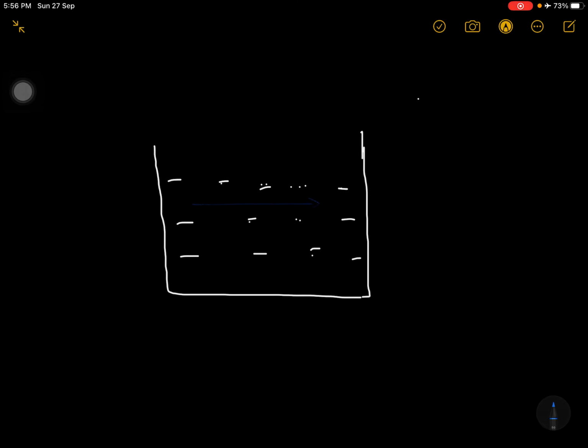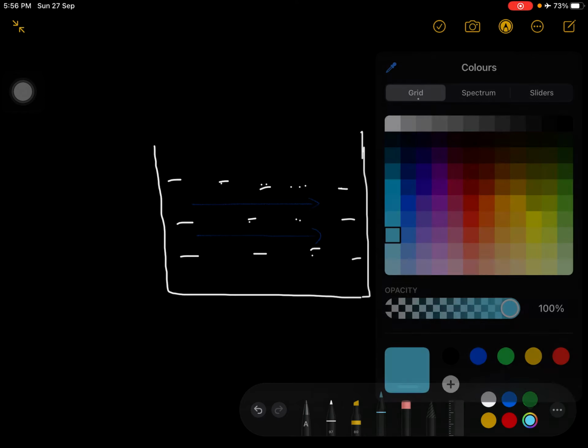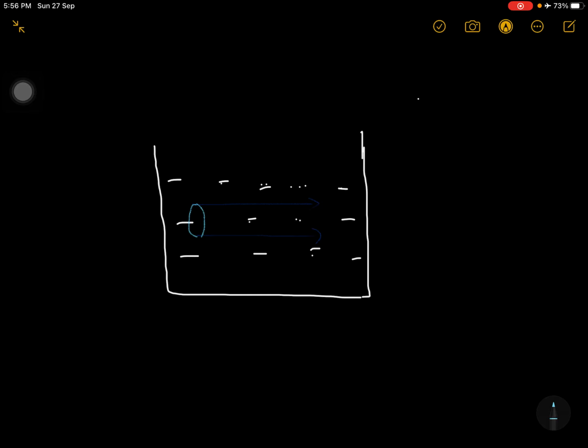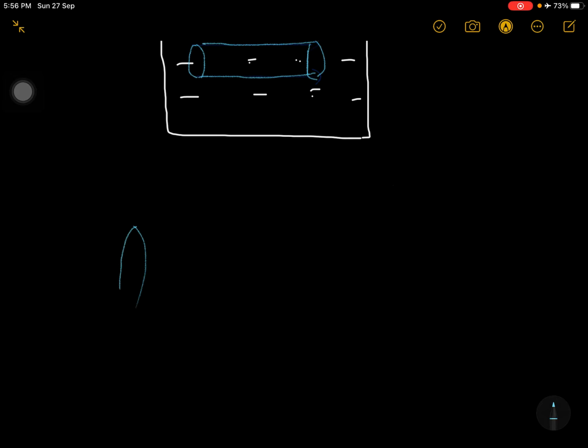For that we imagine a hollow cylinder inside it. I am just drawing that hollow cylinder outside for the sake of good vision. This is the hollow cylinder.